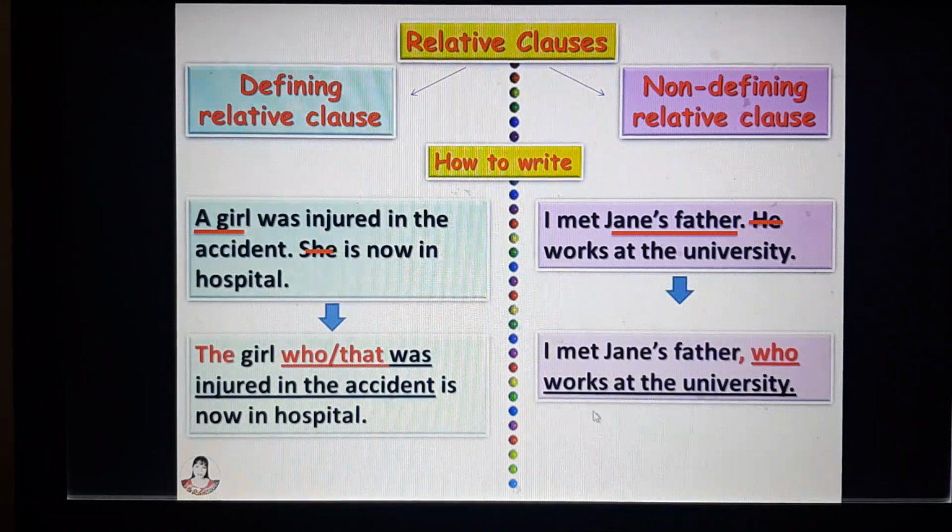So we can write, I met Jane's father, Jane's proper name, so comma, who works at the university. Who works at the university is a non-defining relative clause. Have commas.